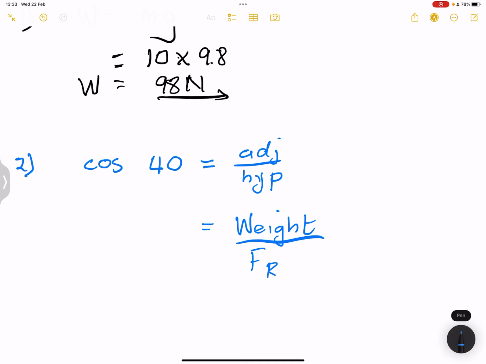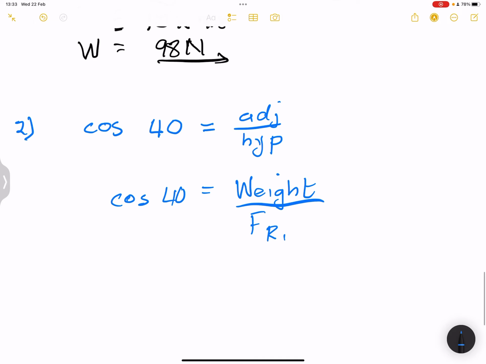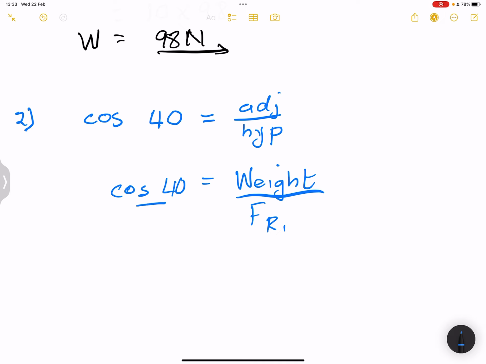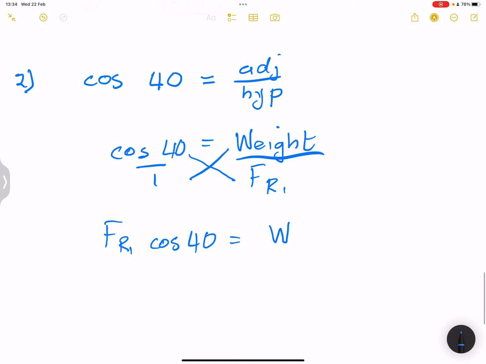So we know cos of 40 is equal to the weight over the force on rope 1. Now let's cross multiply. So I've got FR1 multiplied by cos 40 is equal to the weight multiplied by 1, which equals the weight.